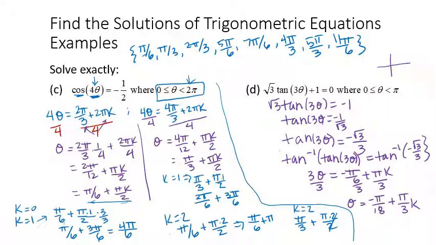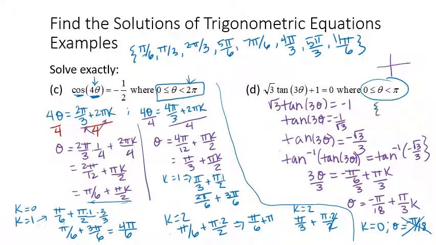So now to figure out what theta is, let's let k equal 0. When k is 0, we get that theta is negative pi over 18, which is not in the domain, so that automatically gets crossed out. Now let's let k equal 1, and you'll continue doing that until you've found all the values that are between 0 and pi.